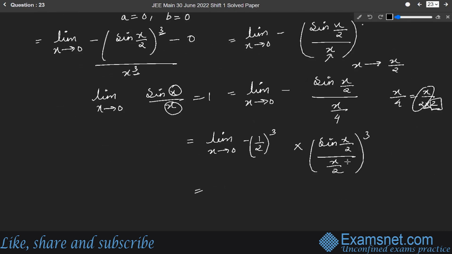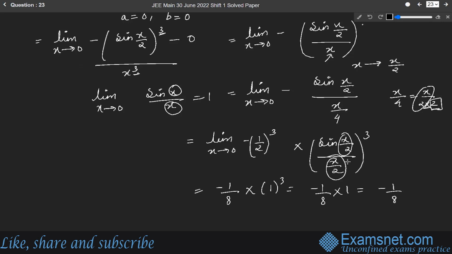Now we can apply this formula, which is limit x tends to 0 sine x upon x is 1. So it will be minus 1 by 2 cube, it is minus 1 by 8, 2 cube is 8, multiplied by sine x upon x. Now this is in terms of sine x upon x, so its value is 1. So 1 cube. So it is equal to minus 1 by 8 into 1, which is equal to minus 1 by 8.